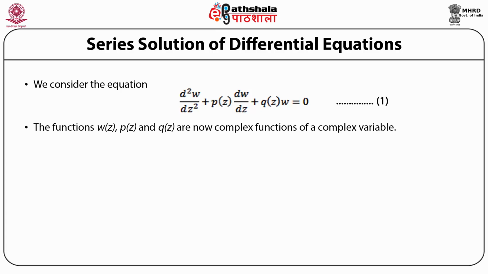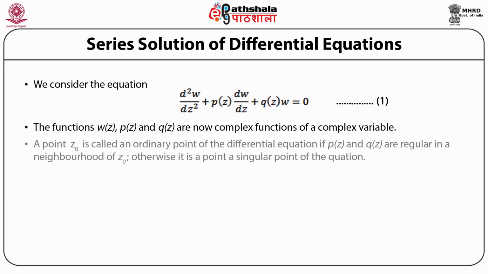The functions w(z), p(z) and q(z) are now complex functions of a complex variable. A point z0 is called an ordinary point of the differential equation if p(z) and q(z) are regular in a neighborhood of z0. Otherwise, it is a singular point of the equation.